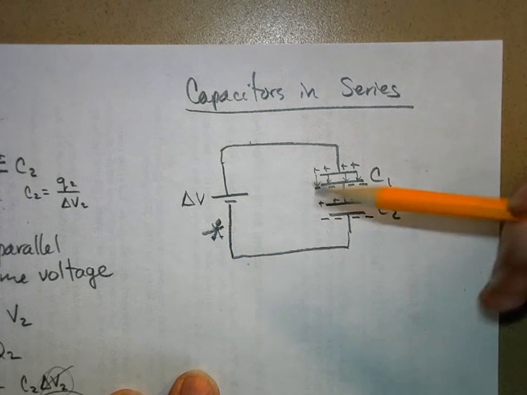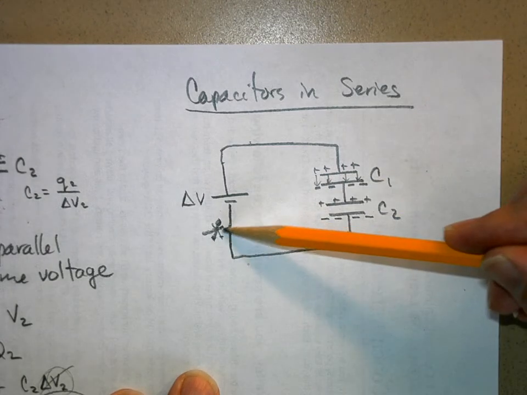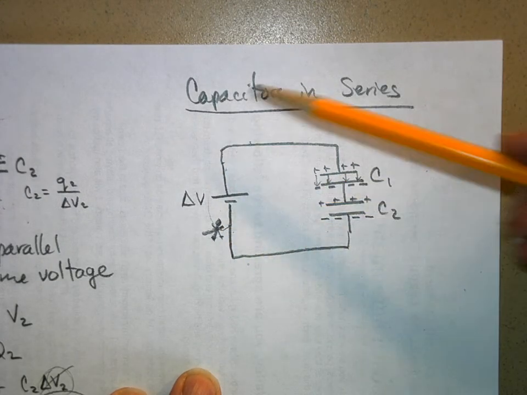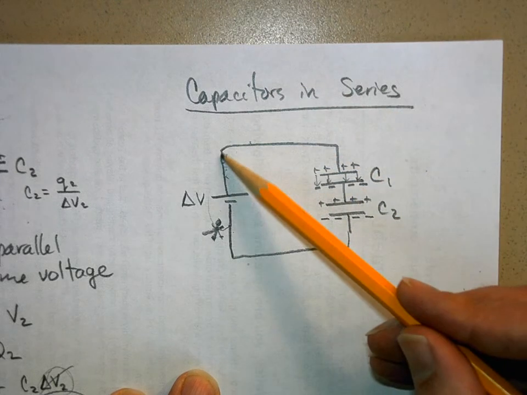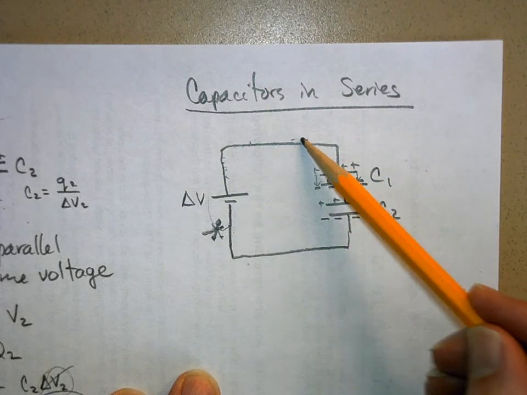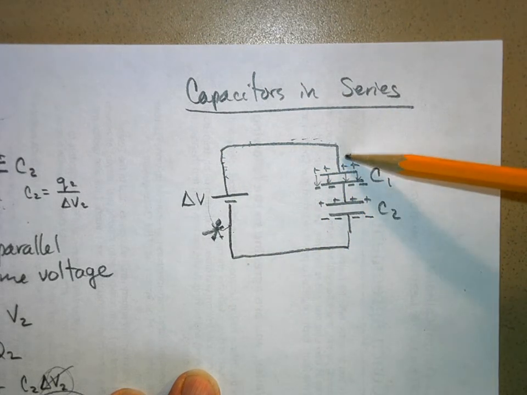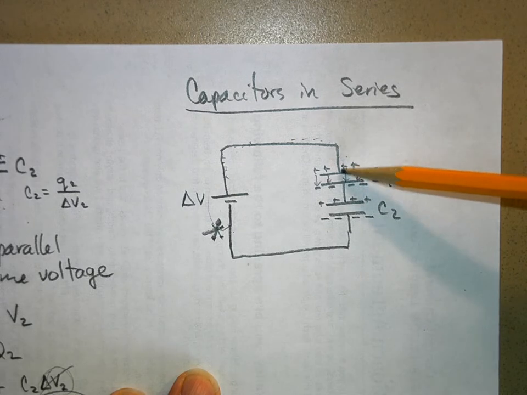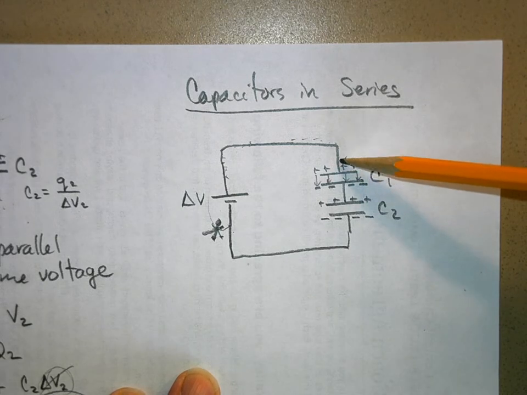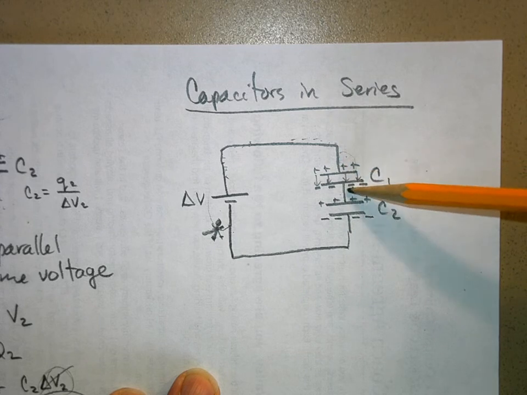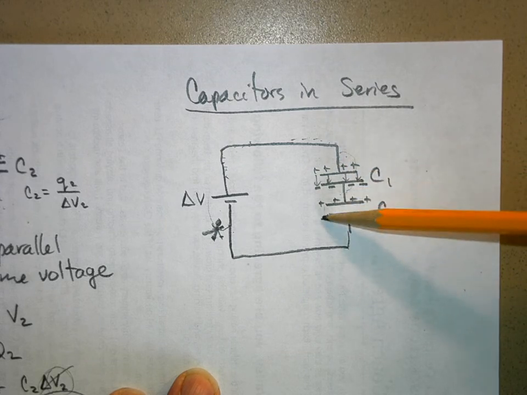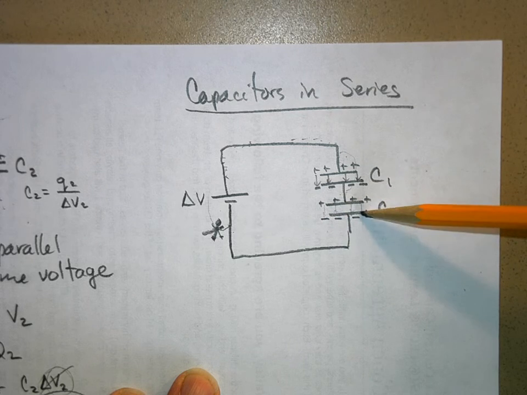And then we're going to jump up in voltage. Now I have lots of voltage. But then I come here and I got to jump down, and I'm moving a positive test charge with the electric field, so I'm losing voltage. So boom, I'm going to lose voltage. But then I got to move across this capacitor, and I'm going to drop down this electric field. So boom, and now I'm back down to 0.